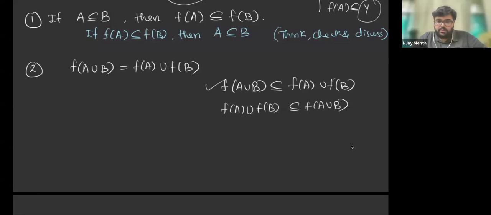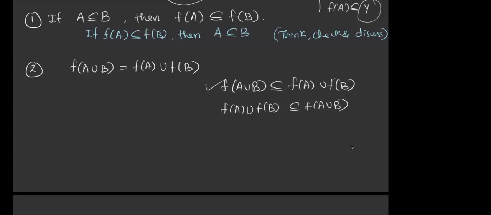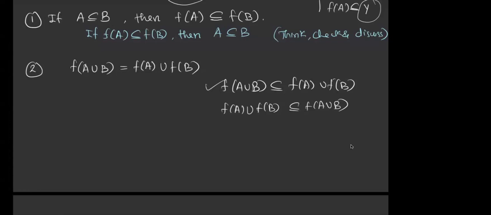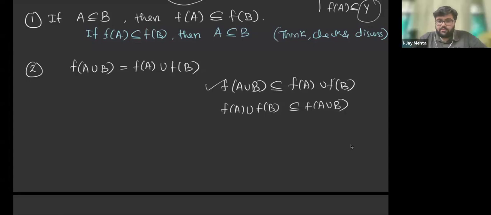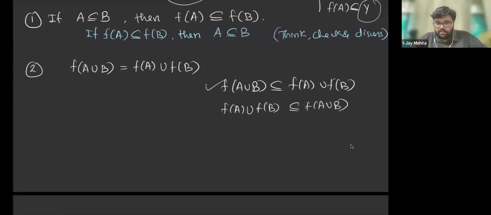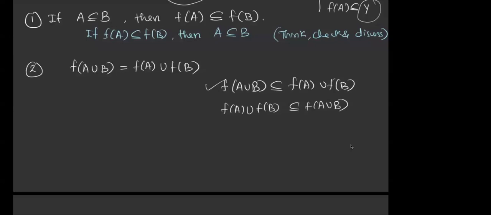What is the first case? Suppose y belongs to f(A), then there exists x in A such that y equals f(x). And similarly for y in f(B), there exists x in B such that y equals f(x).